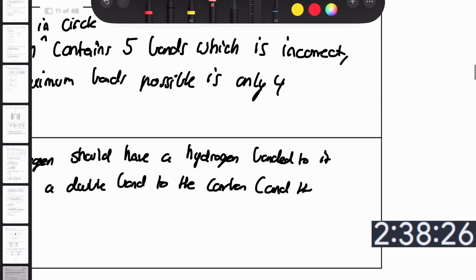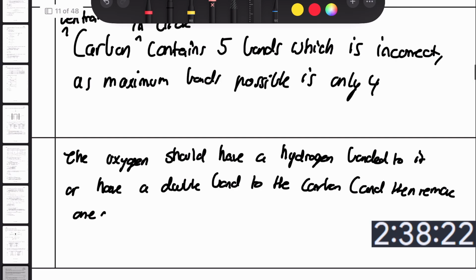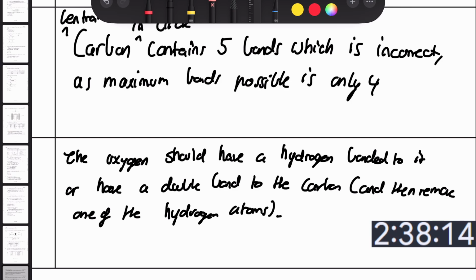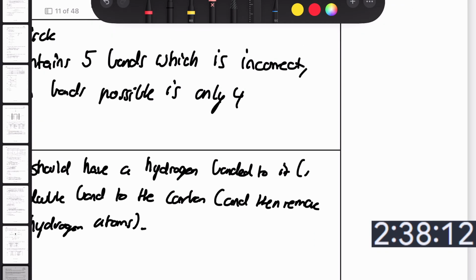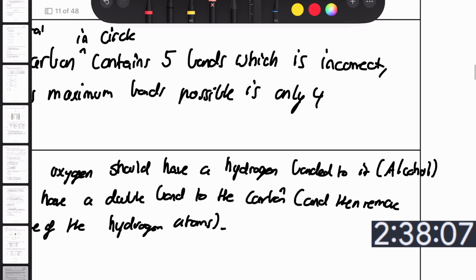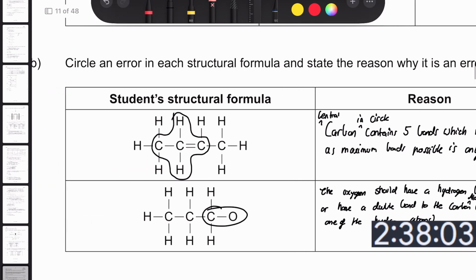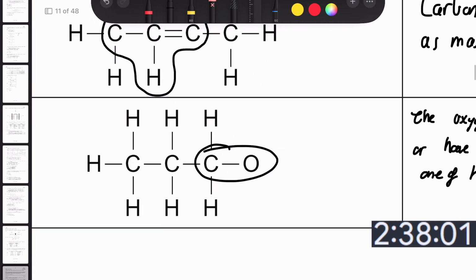And then remove one of the hydrogen atoms. I'll say this is an alcohol, or it would make an alcohol, and this would be an aldehyde, I think.